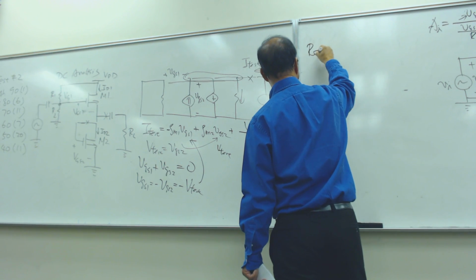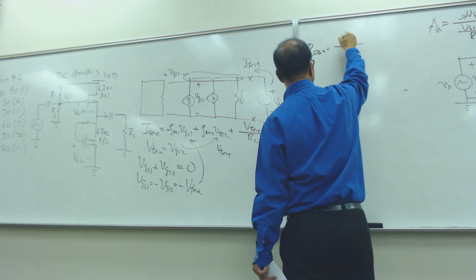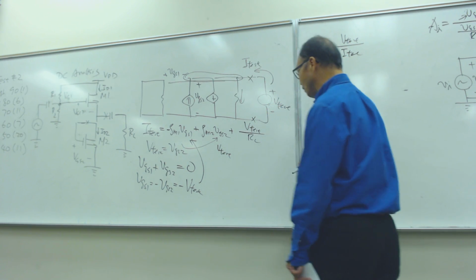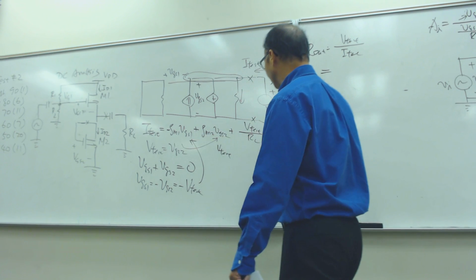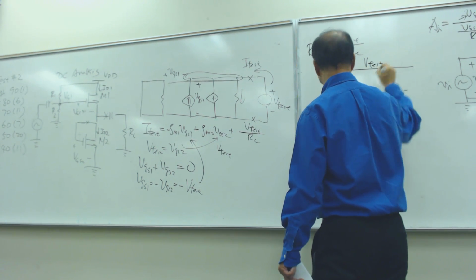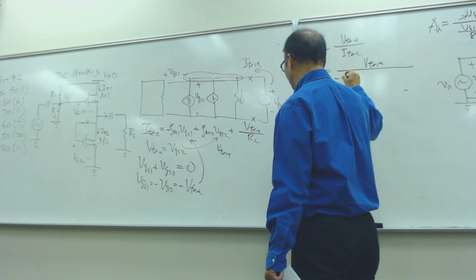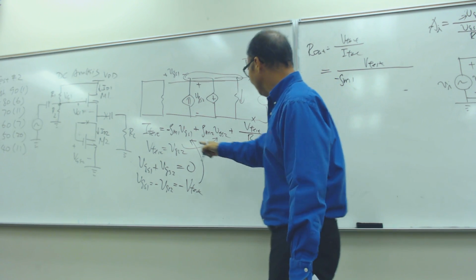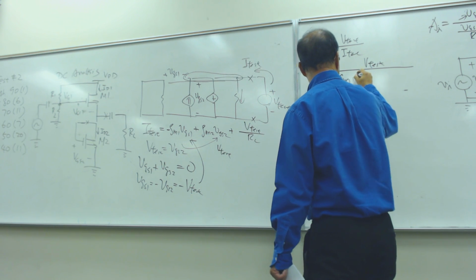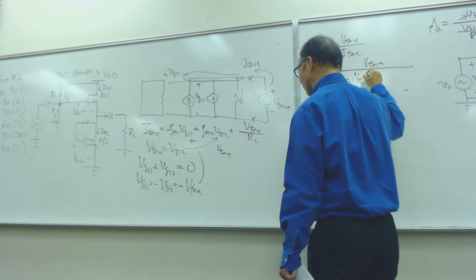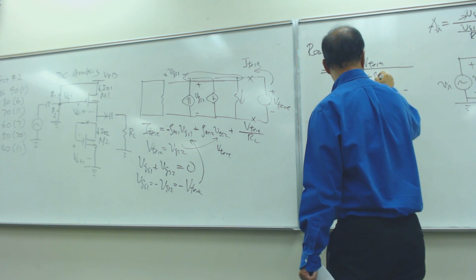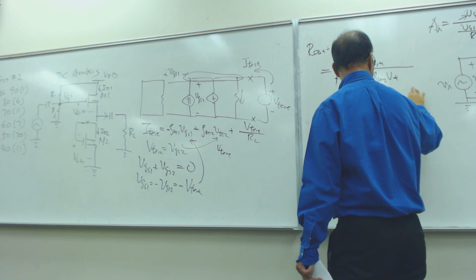So R out is V test over I test, right? So now you can see everything here. I test is, so V test, right? On the top, what is I test? Minus GM1 VGS1 equal to minus V test, right? So this becomes plus V test, right? And then this guy is GM2 V test, right?